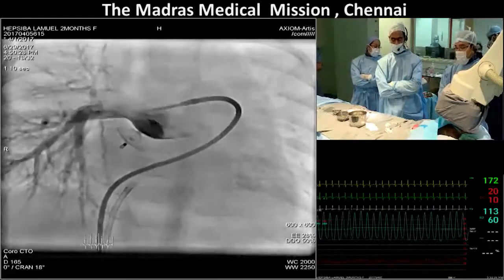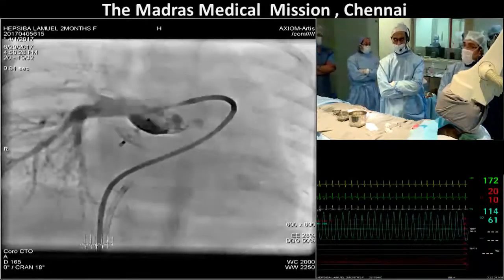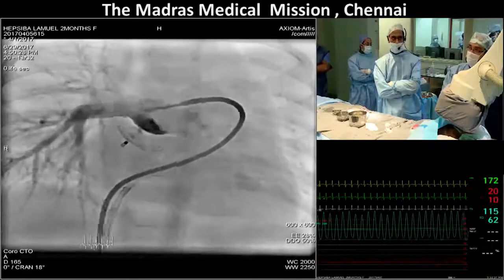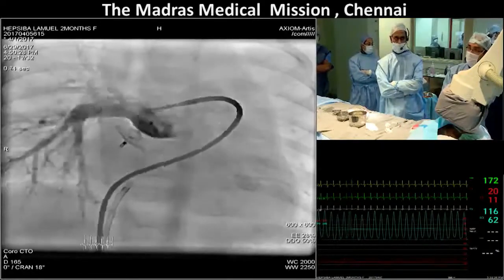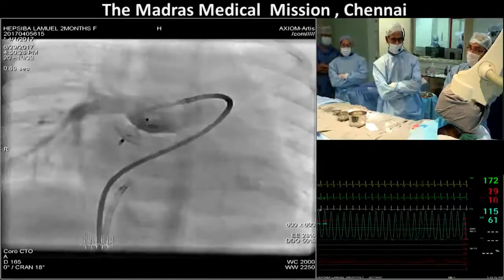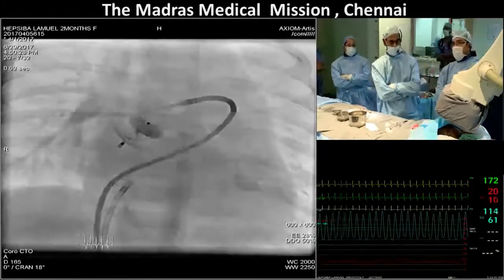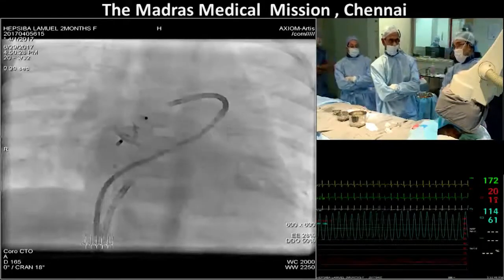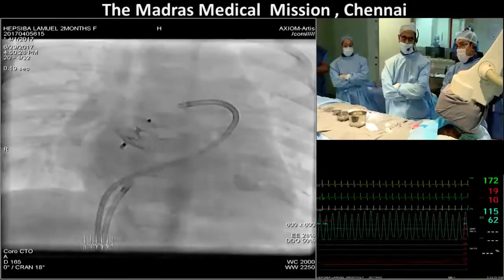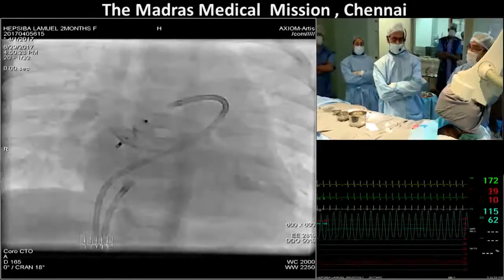Well, you've got more hardware in the left atrial side than you have in the pulmonary artery, right? Yeah. And given that, I would agree completely that this child is at some risk from embolic events from the left side of this heart. And I think that the risk of relatively aggressive anticoagulation here would be relatively small.